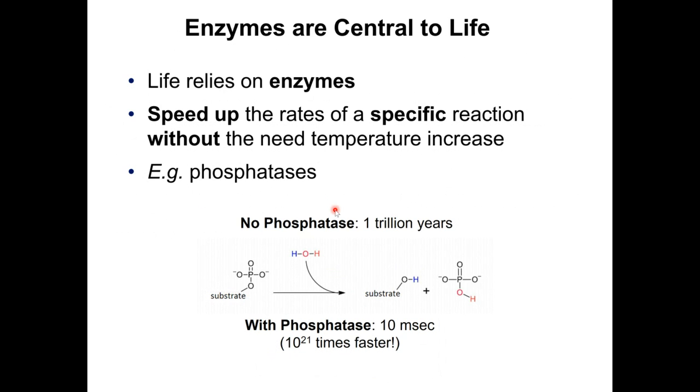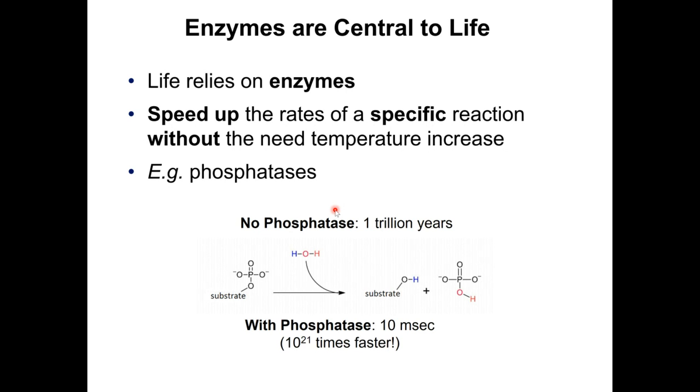You remember these are the enzymes that remove phosphate groups from molecules such as enzymes. You remember kinases add phosphate groups, phosphatases remove them. And just to give you an idea how slowly this would work without enzymes, it would take about 1 trillion years for one molecule to be dephosphorylated, so to have that phosphate group removed.